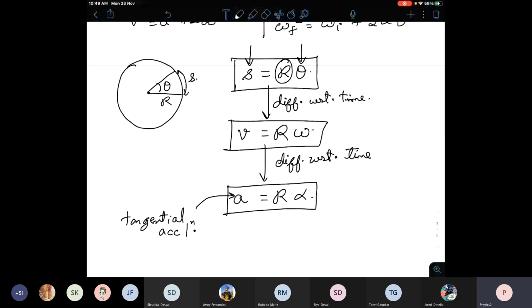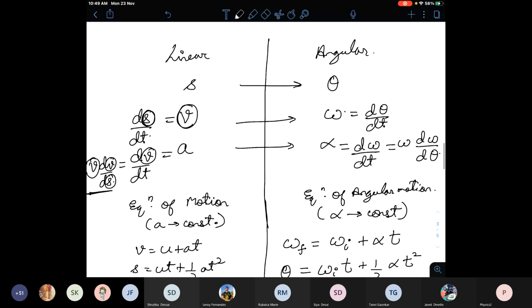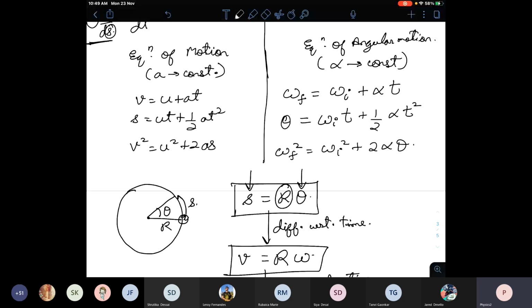Whichever acceleration we have used here is your tangential acceleration. In circular motion, you know that a particle will have two kinds of acceleration, tangential and centripetal. So tangential acceleration is what we are talking about here.